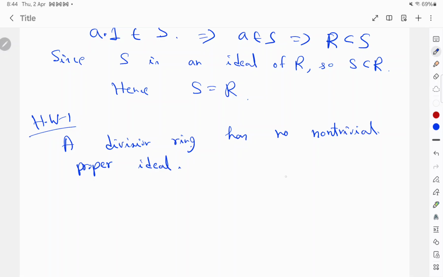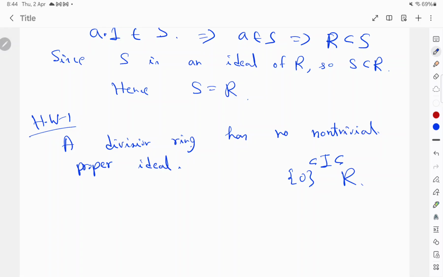Basically you know that the singleton 0 set and the whole R are themselves ideals, right? That type of thing we don't want. We are interested in some I that is strictly a subset of R and contains 0, in the middle portion. So if you have a division ring, then there is no proper, non-trivial ideal, except 0 and R.